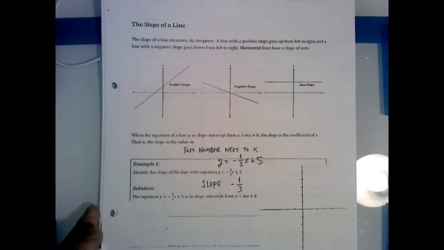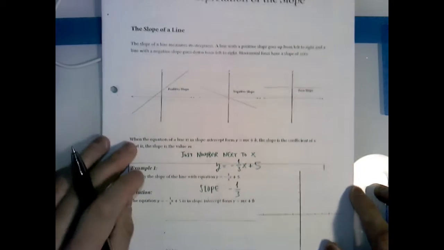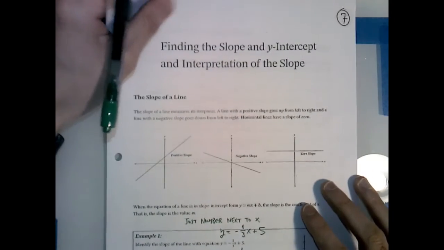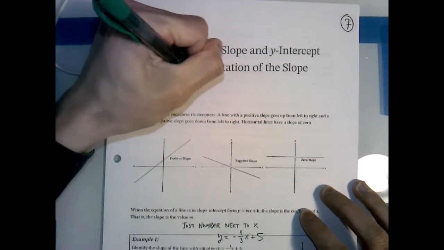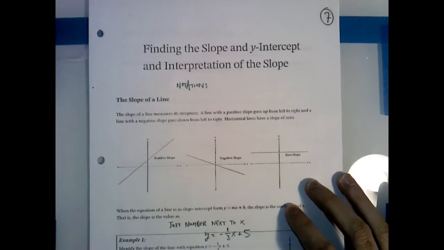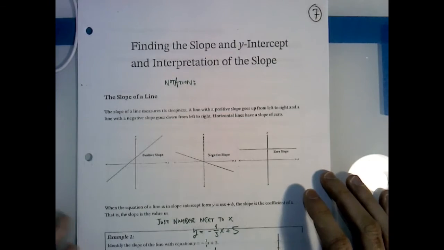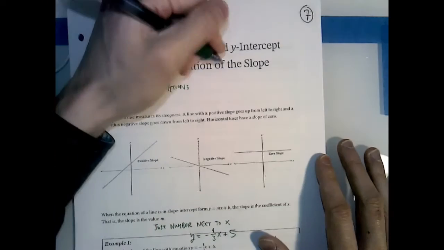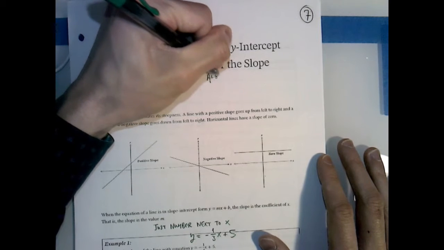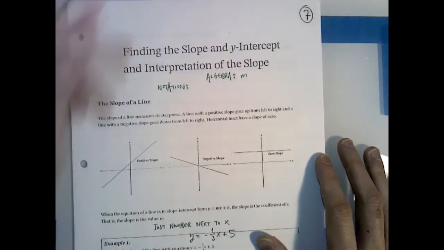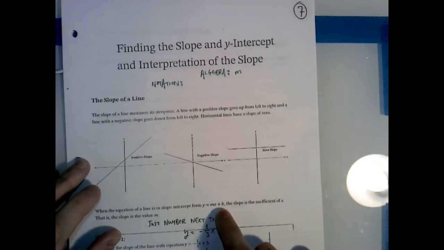Before we graph it, I want to do some notation. The annoying part, but also the part that takes a little time to get used to, is that there's different notation for slope. In algebra, like we're doing right now, the slope is m: y equals mx plus b.